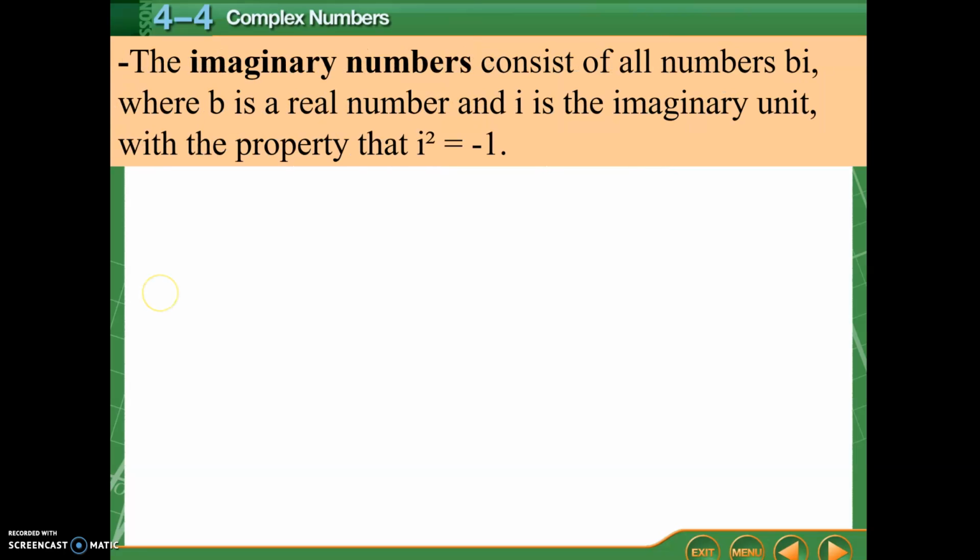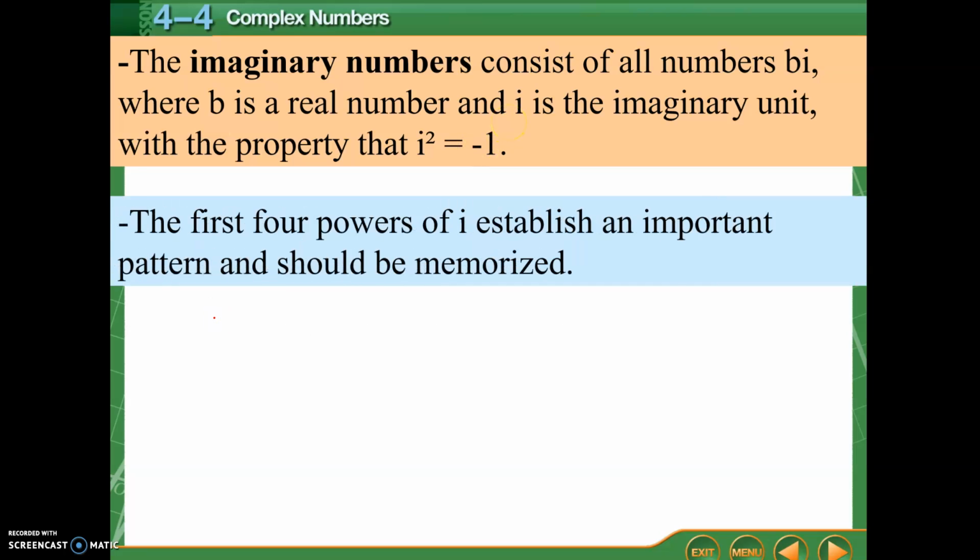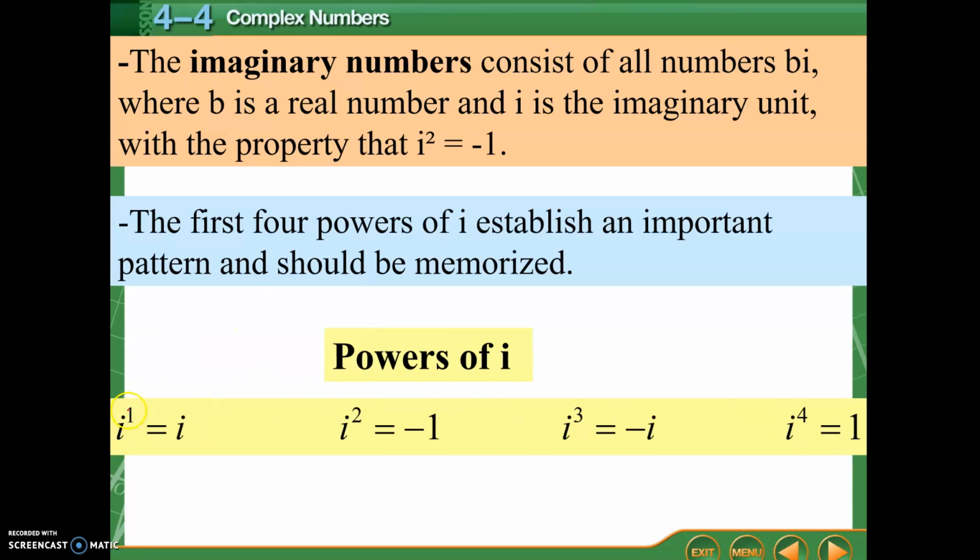We've talked about this, but i squared is -1, and so we see this power of i's that happens. i to the power of 1 is i. i to the power of 2 is -1 because i squared is -1. i to the power of 3 is i squared times i, so -1 times i gives me -i.